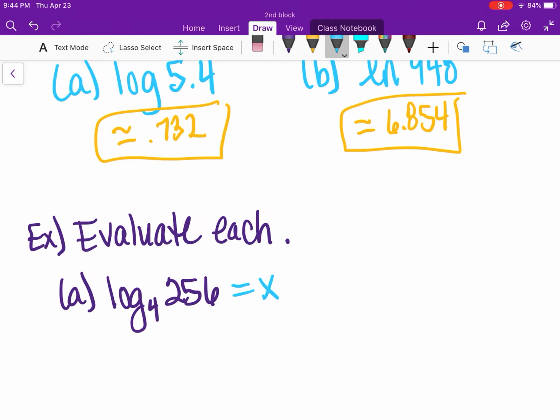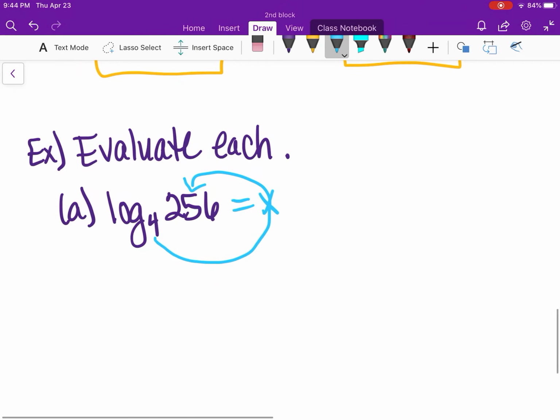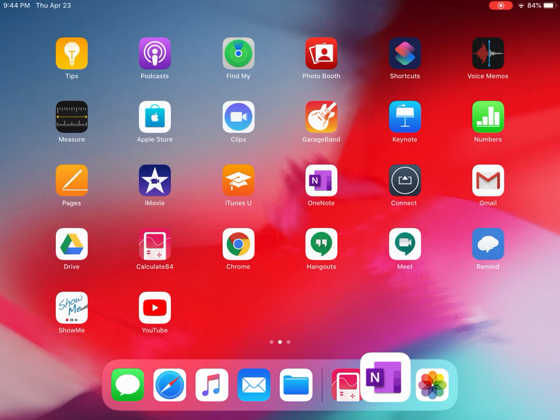So we want to know what this is equal to, so I'm going to say equal x, and then I'm going to set it up like a curly fry problem. 4 to the x equals 256. Then you need to know what can you raise 4 to get 256.